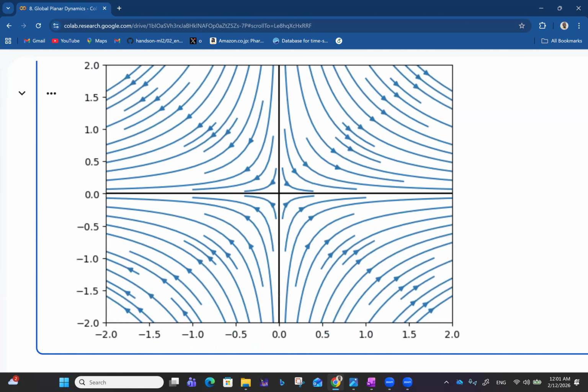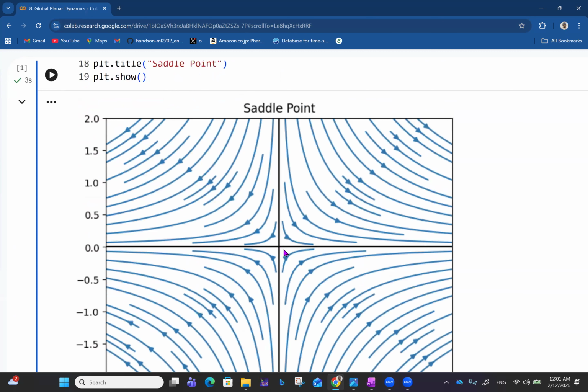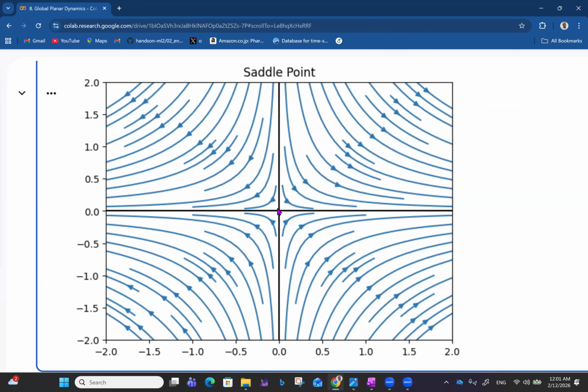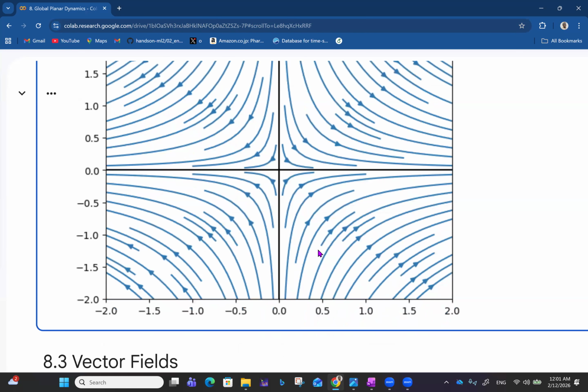That equilibrium point is a saddle because the eigenvalues are 1 and -1. That's why it looks like things are coming in, but when they come, they move away. Instead of sinking into it, instead of it being a sink, it's a saddle, so everything gets diverted away from it.